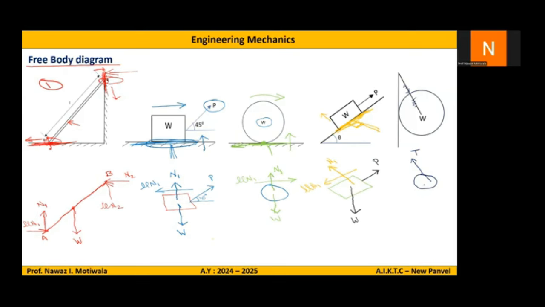Then the next force which we are going to show in the free body diagram is the self weight, which we have discussed. It will be vertically downwards from the center. So from the center, I will make a vertically downward force and name it as self weight. Then the third is the reaction from contact surfaces. Now, this particular body is in contact with the surface at this particular point. And the surface of contact is vertical, hence the reaction will be horizontal.